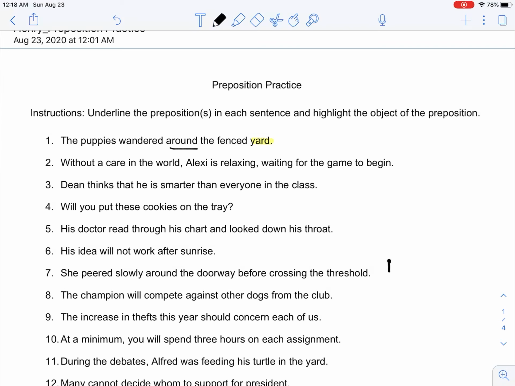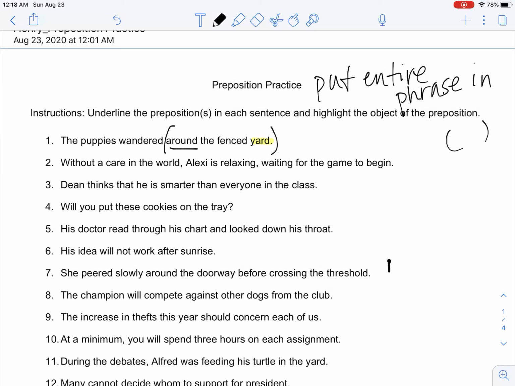Now what I like to do is put the whole phrase in parentheses, so I'm going to ask you to do that on this as well. So put the entire phrase in parentheses. So, without a care in the world, Alexi is relaxing, waiting for the game to begin.